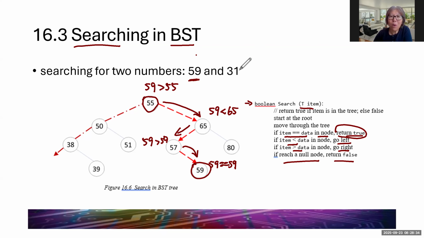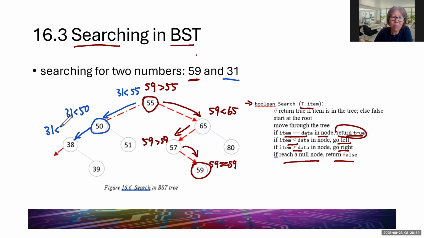Next, let's take a look at 31. 31 compared with 55 is less, so we go to the left child. Then we reach 50. 31 compared with 50 is less than, so we go to its left child, which is 38.